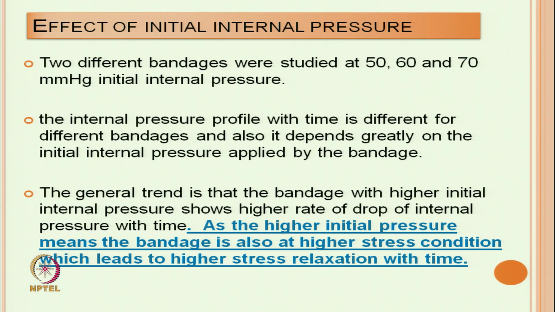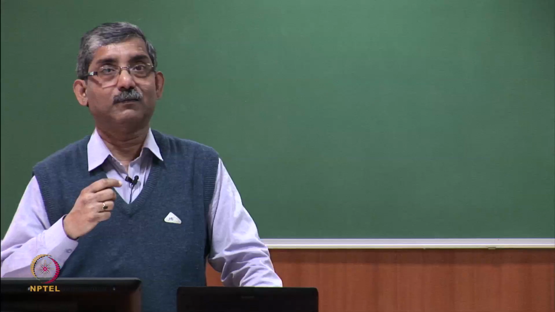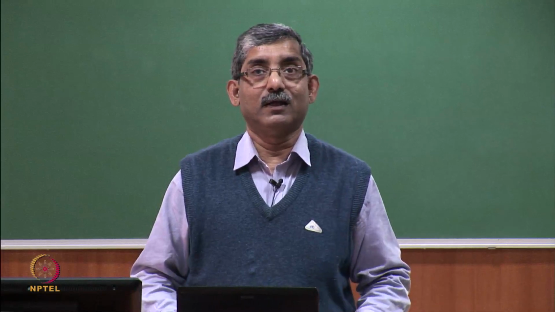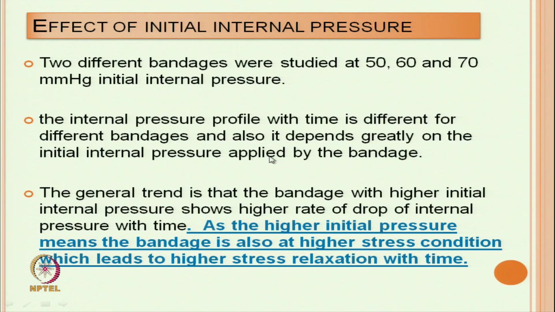So, if we apply the higher tension during wrapping, that will result in higher stress relaxation. When we wrap at the tension to get 50 millimeter Hg pressure, we are wrapping at lower tension than when we are applying 70 millimeter Hg pressure.